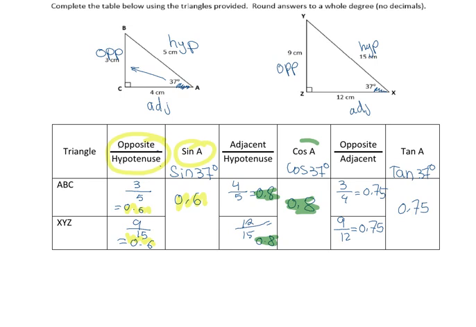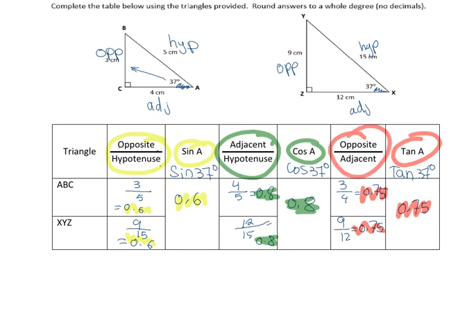So the formula for cosine A is adjacent over hypotenuse. And then lastly, tan A matched the opposite over the adjacent, right? So that tells you that the formula for tan is opposite over adjacent.